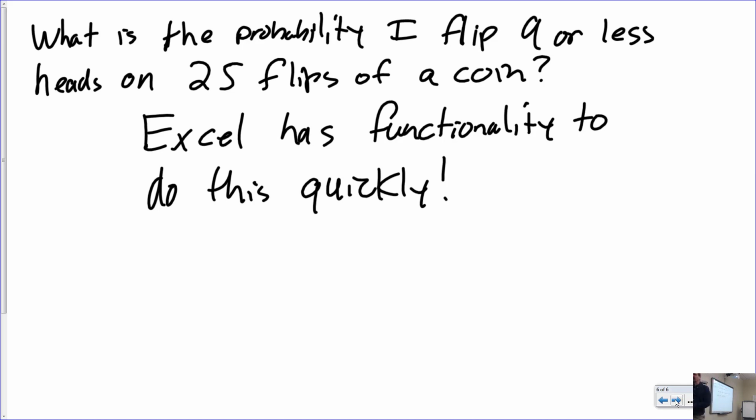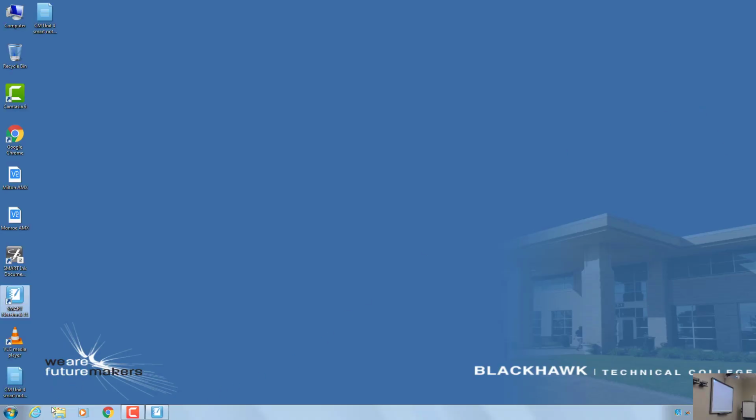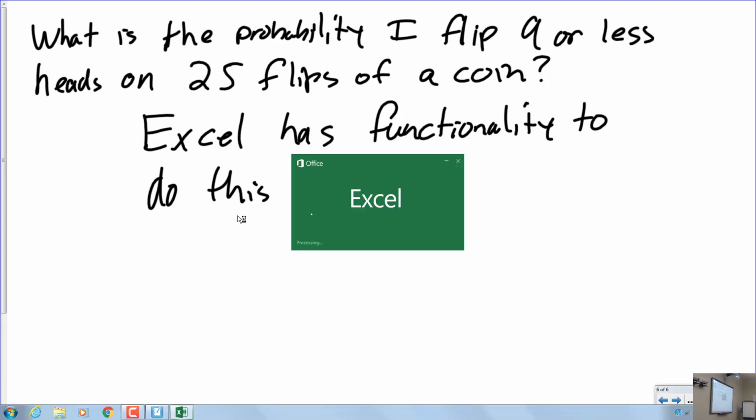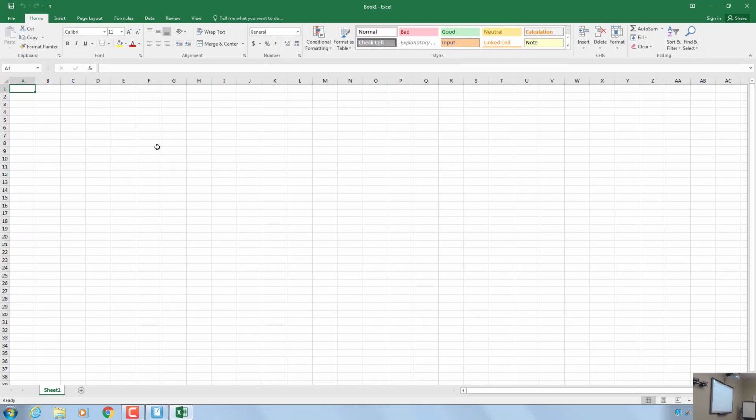And what you'll discover when you fire up an Excel spreadsheet is that it actually has some functions that are dedicated to calculating these sorts of probabilities. All right? So what I'm going to show you really fast here, or hopefully really fast, is the ability to do this quickly using Excel, right?